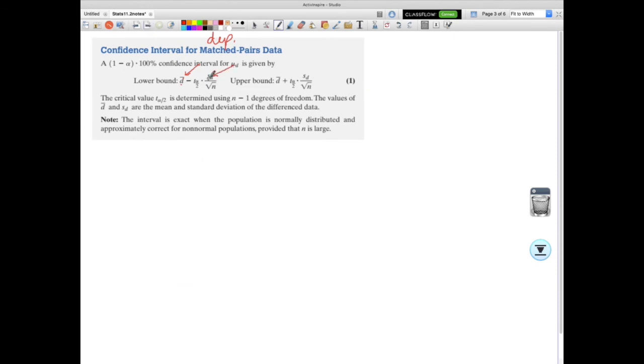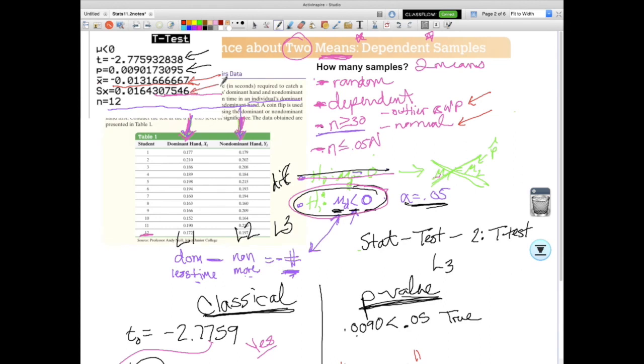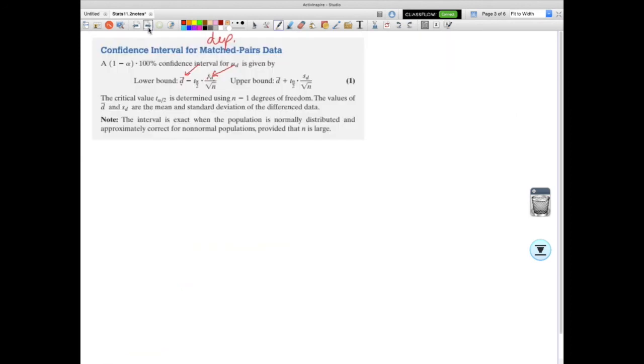Similarly, right here, it's saying we need the standard deviation of our difference. Well, we calculated that here, okay? That's the standard deviation of our sample, and the sample in L3 was the difference, okay? So we have those two numbers. We would plug those in, find our t-score, use our n value, which is our sample size, and crunch some numbers. I am not going to make you do this by hand, okay?